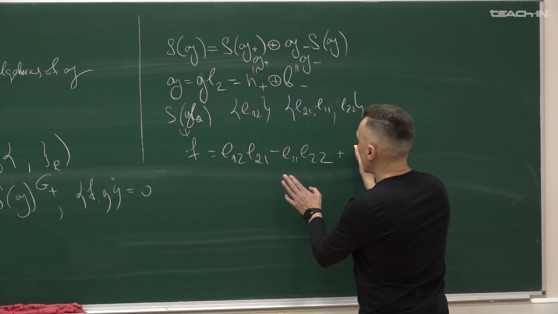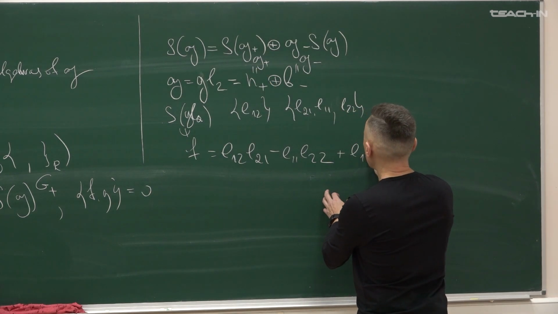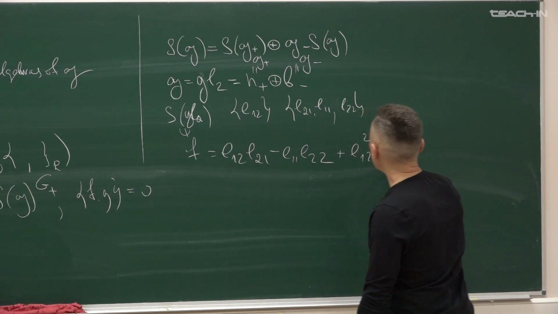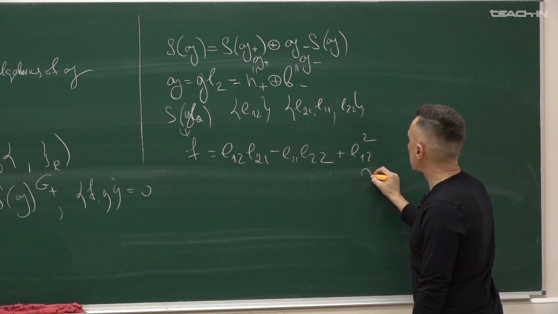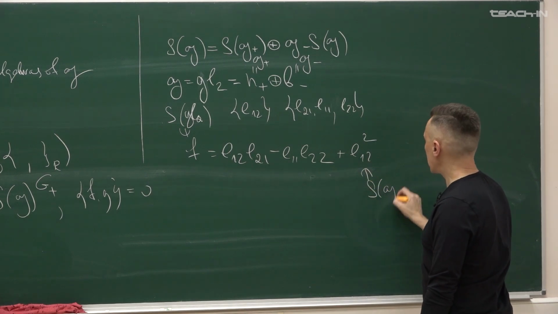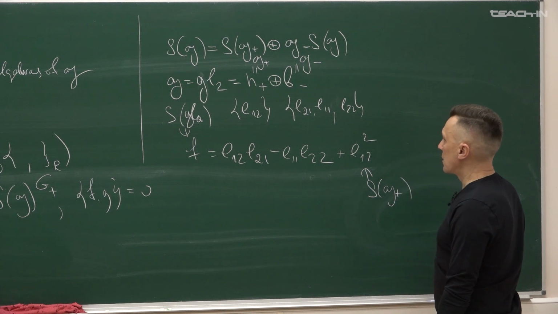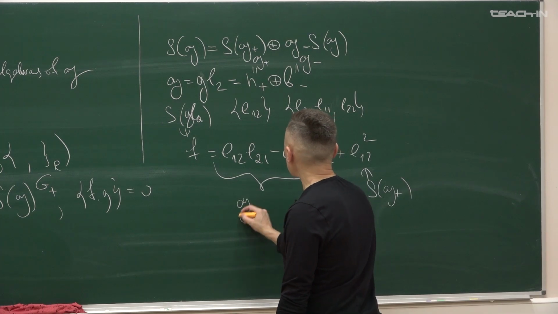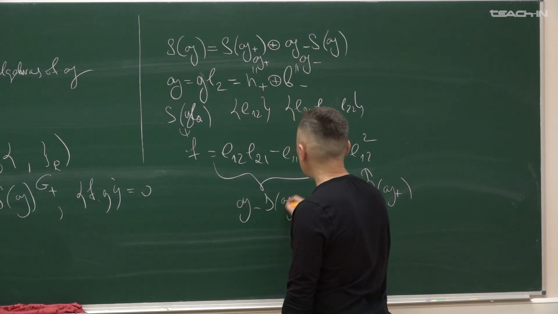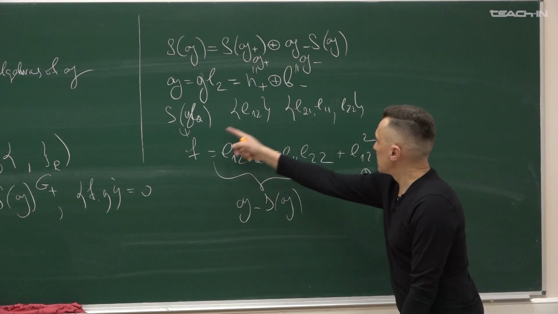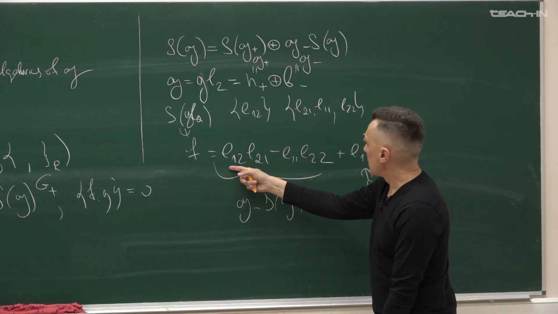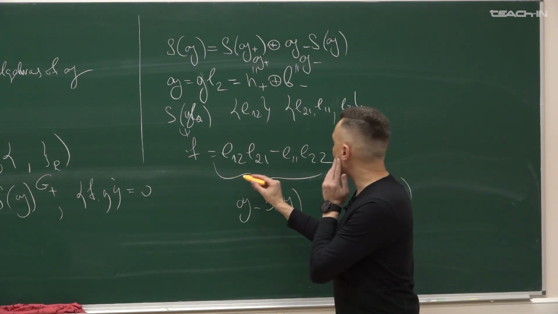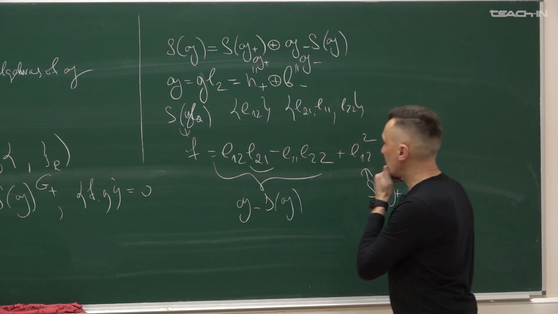If I write here E12 squared, then in this decomposition, this is an element of S of G plus, and this is an element of G minus times S of G, because each monomial in this term contains an element of G minus. Here, this is an element of G minus.